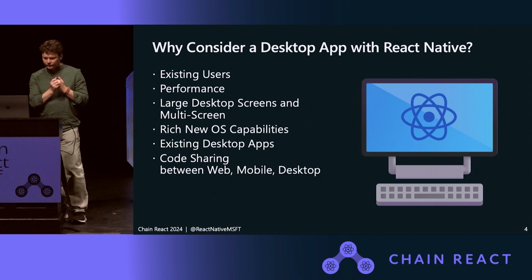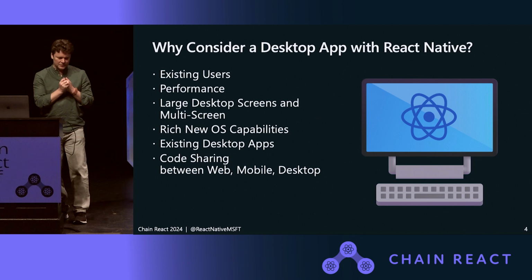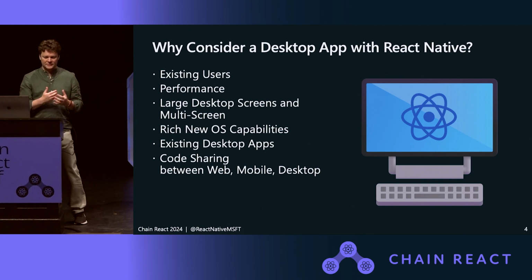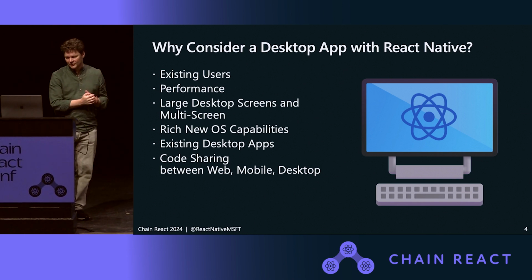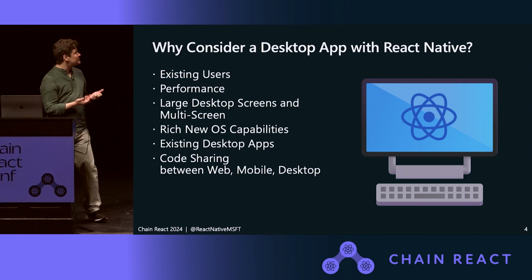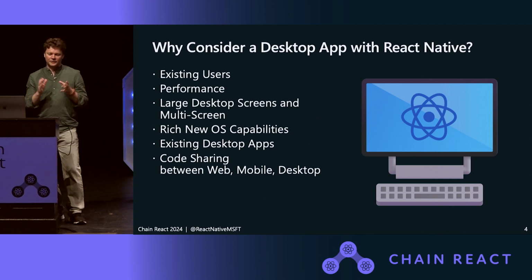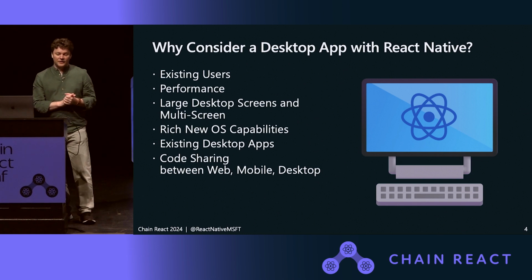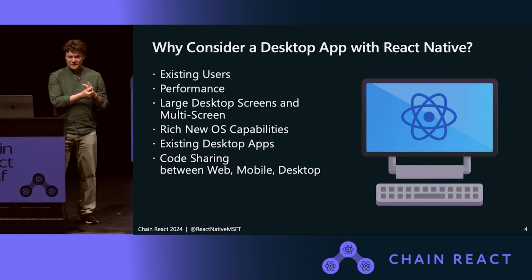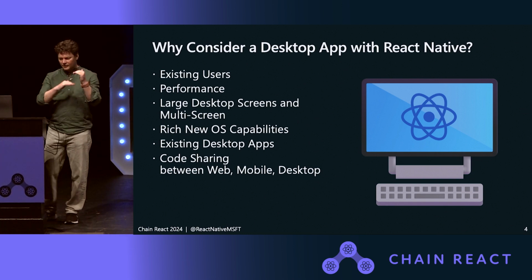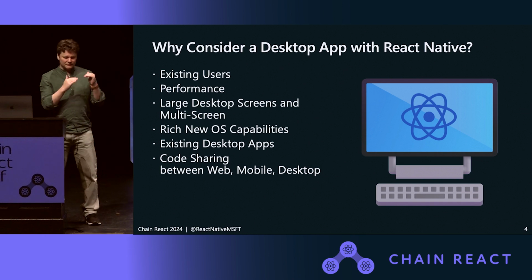Performance. React Native is very flexible, and it allows you to go down to lower levels, so you can really tweak your applications as much as you want. You've got larger screens, and you've also got multi-screen support. Those things are much easier on a desktop application. If there are any new OS capabilities coming out, you can take advantage of them right away because you can just go way down and use the new APIs.